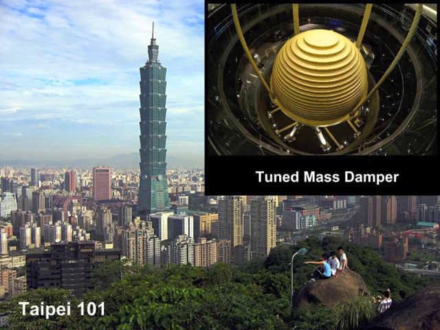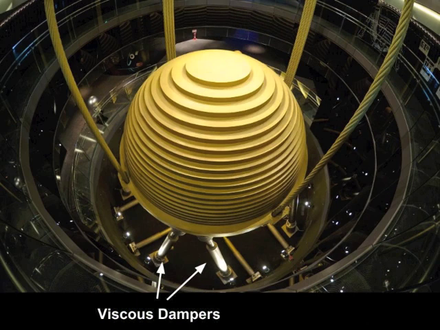To mitigate the possible resulting sway of the upper floors, a 730-ton tuned mass damper was installed between the 87th and 91st floors. This is essentially a mass spring damper system installed at the top of the building. 8 steel cables form a sling to support the large ball, while 8 viscous dampers work to absorb the energy that occurs when the sphere shifts.